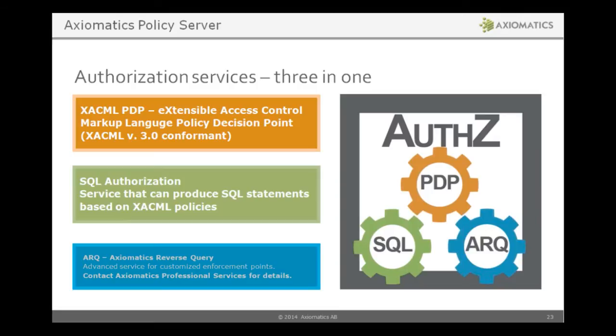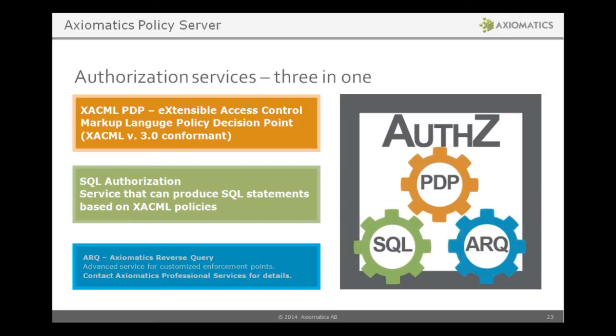So we have the SQL authorization as well. And then we have something that we call the ARC here. We won't touch upon that because that's for pretty advanced use cases, and typically we recommend that be used with professional services. But today we're going to talk about the first two and compare them a bit. So Saravana, could you help us sort this out?